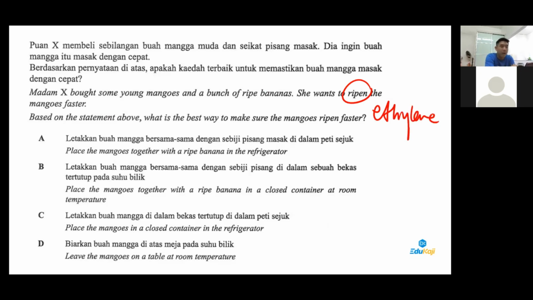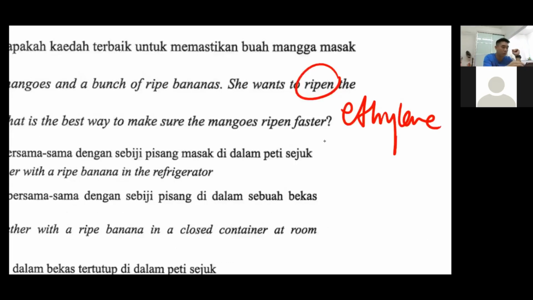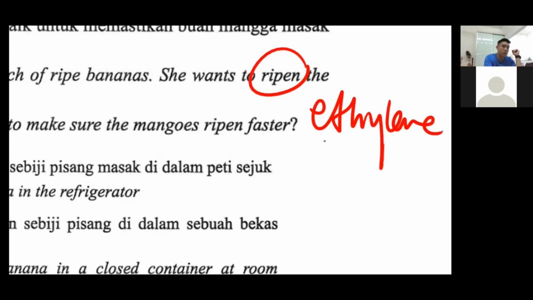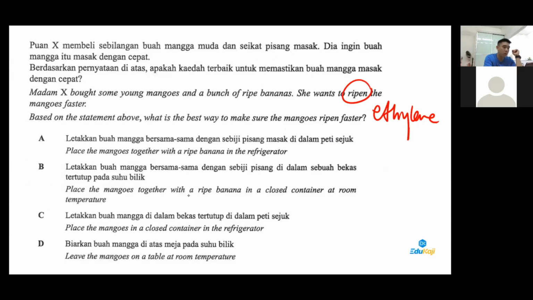What is the best way? To make sure it ripens faster, we can wrap it. Okay, A is wrong. This one is okay.